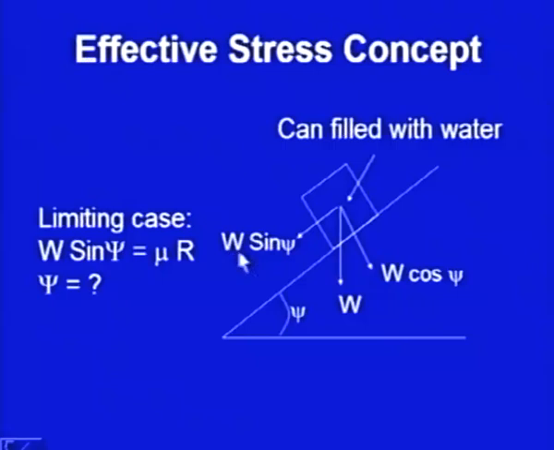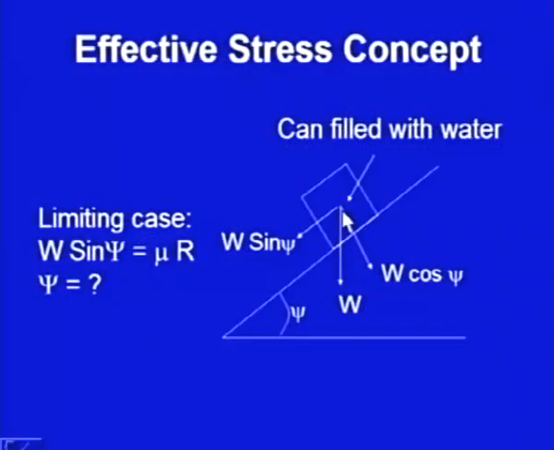And this component W sin psi is trying to destabilize this body. So, when the limiting case is reached, when equilibrium is reached, when this psi value has reached its maximum value, at that particular point, the frictional force which is developing here at the interface will be equal to R into mu, and R will be equal to W cos psi.